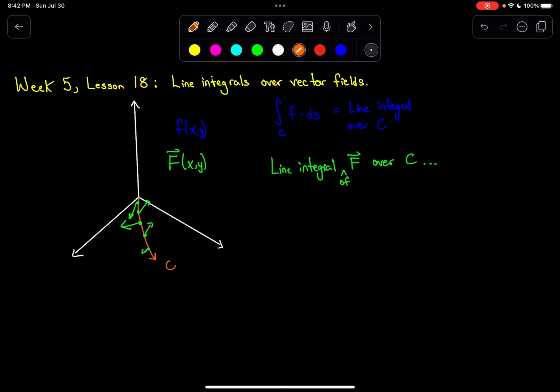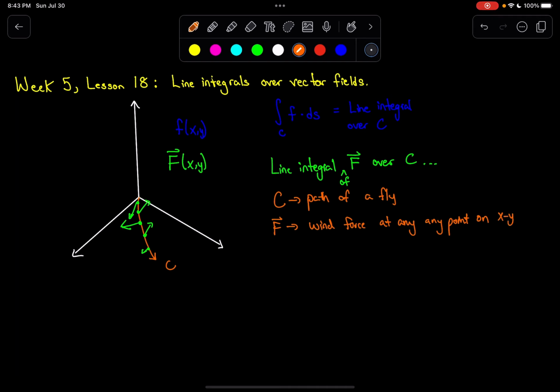Imagine that C represents the path of a fly, and F represents the wind force at any point. Let's keep this 2D, so on the xy plane. I drew this in 3D, but technically this is all happening in 2 dimensions without this axis here.